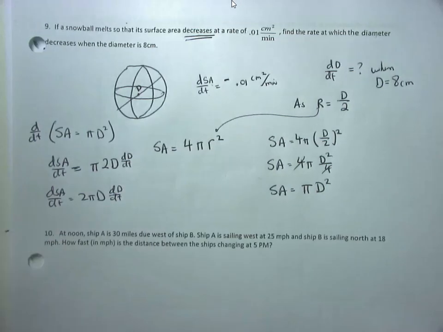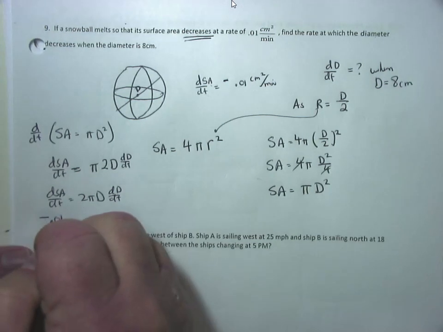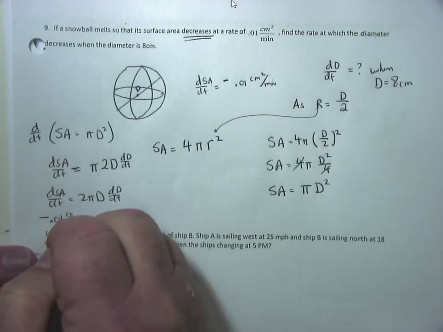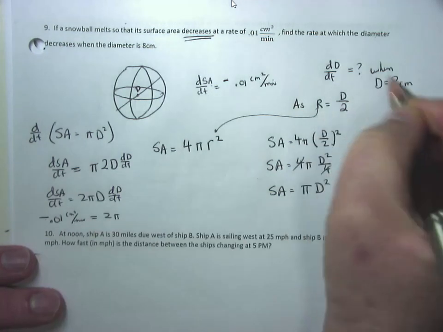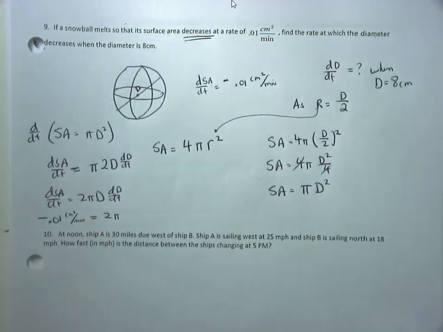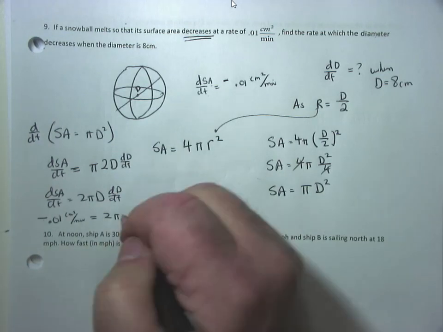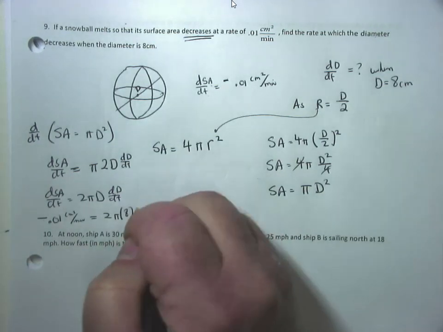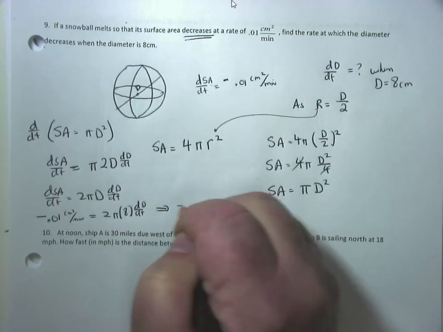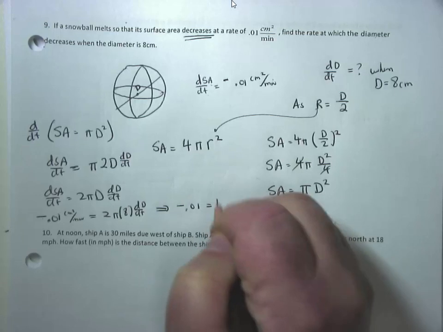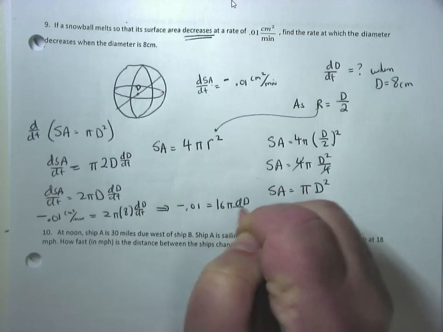Plug in what we know. What was that surface area rate that we know? They gave that to me. Negative 0.01 centimeters squared per minute equals 2 pi. We want to find dD dt when D equals 8. So plug in 8. This gives me negative 0.01 is equal to 16 pi dD dt.